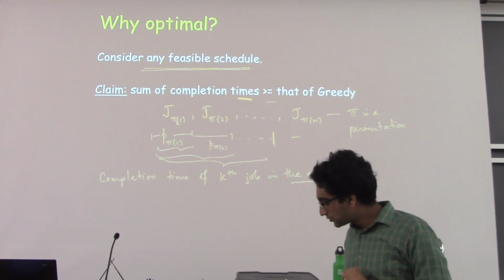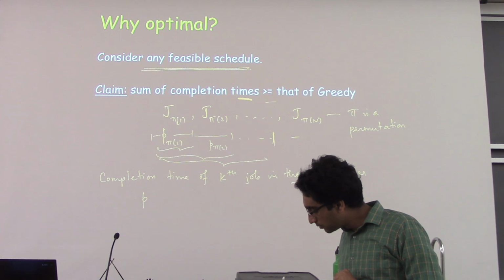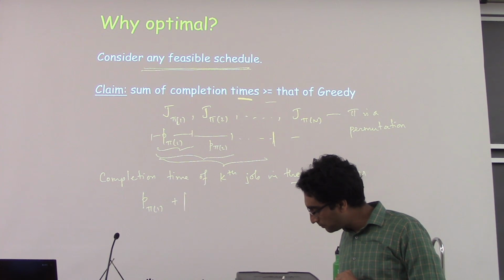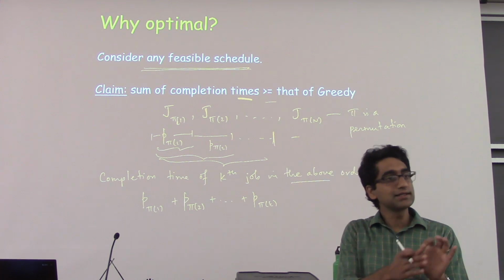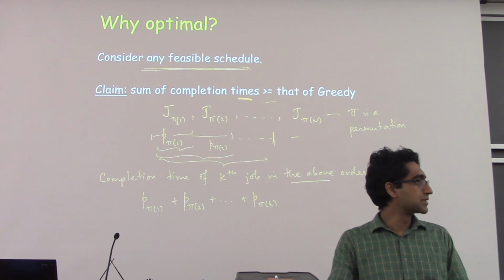So in this order, this is basically p_pi(1) plus p_pi(2) up to p_pi(k). So note that this is just the sum of k different processing times.